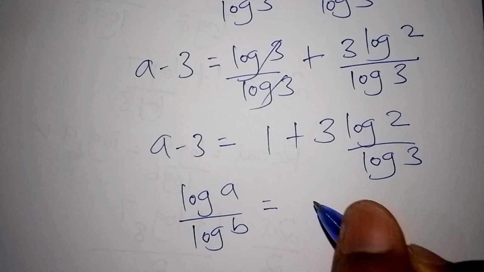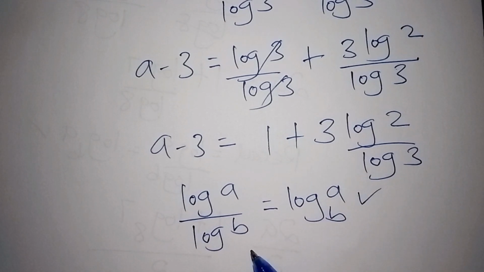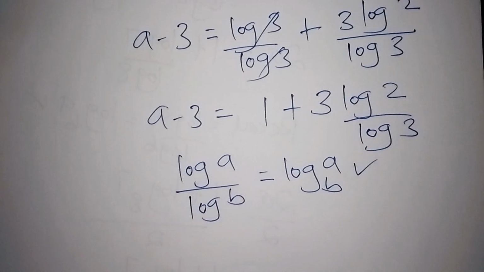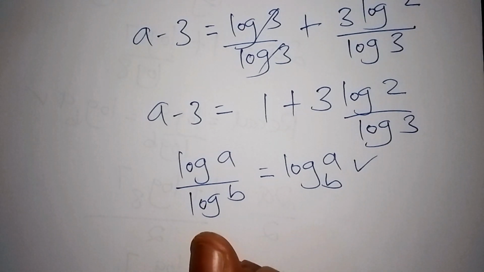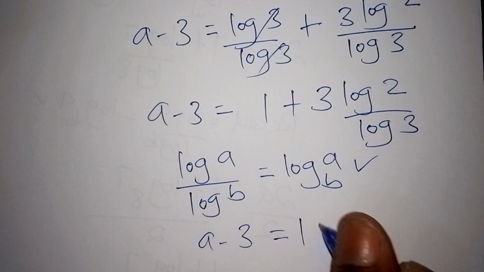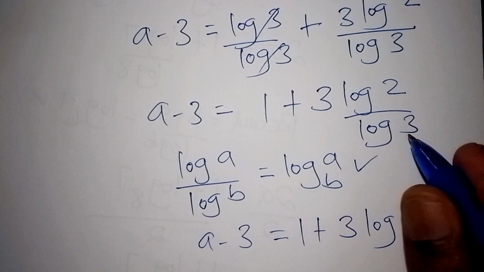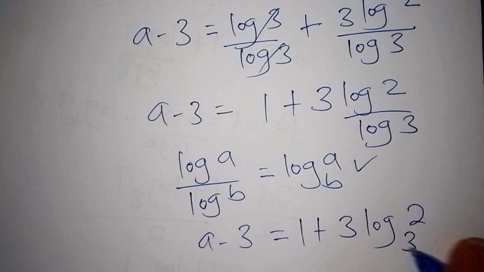Now we shall have the log of a to the base of b as our answer. That is to mean that a minus 3 shall now be equal to 1 plus 3 the log of 2 to the base of 3.